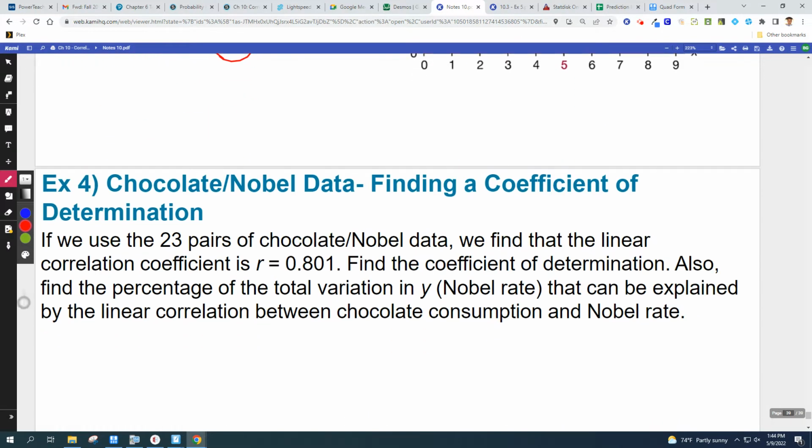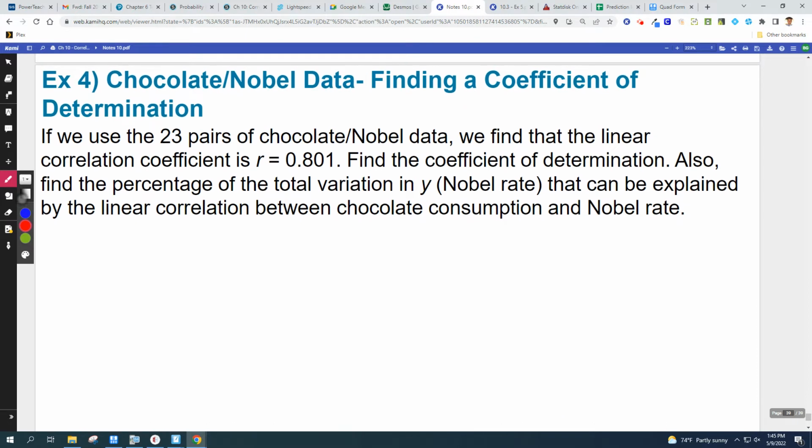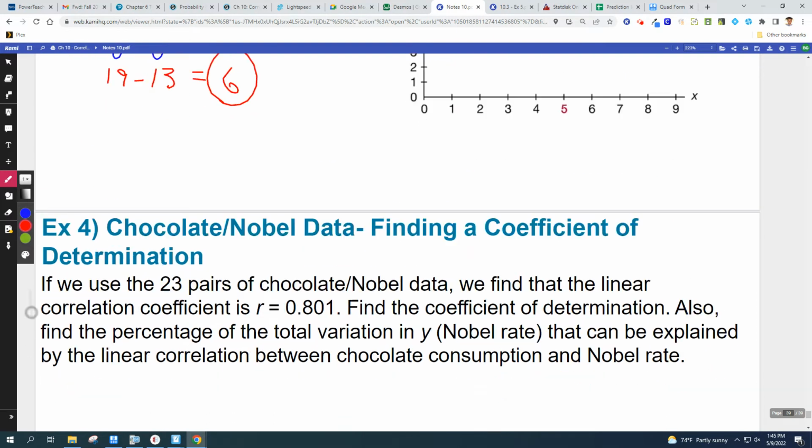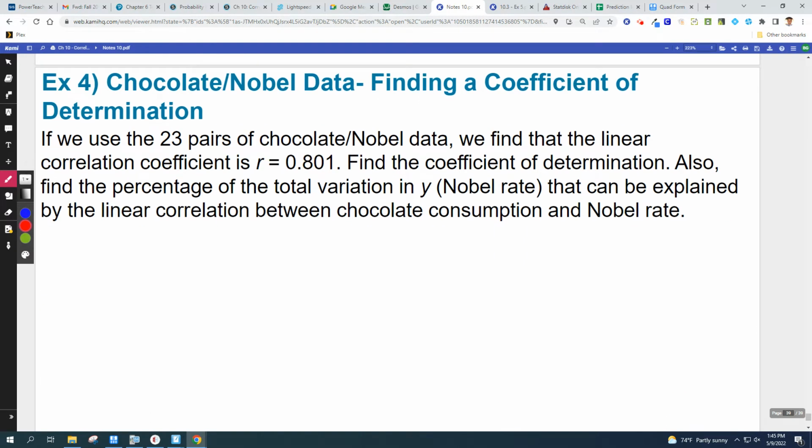Let's move on. Number 4. If we use the 23 pairs of chocolate Nobel data, we find that the linear correlation coefficient is 0.801. Find the coefficient of determination. Well, in order to answer this question, you have to understand that the coefficient of determination is just r squared.